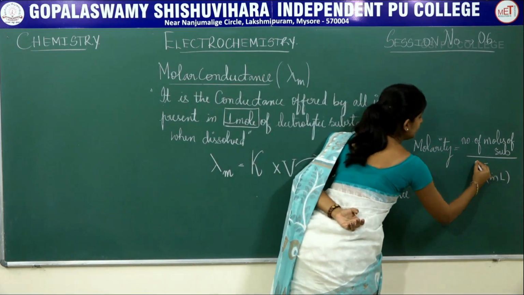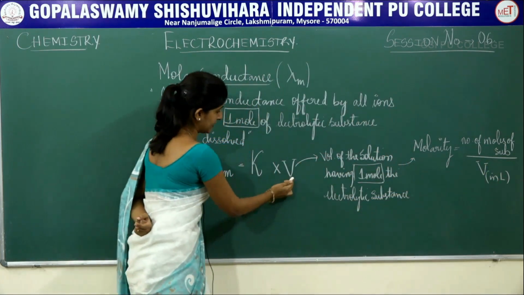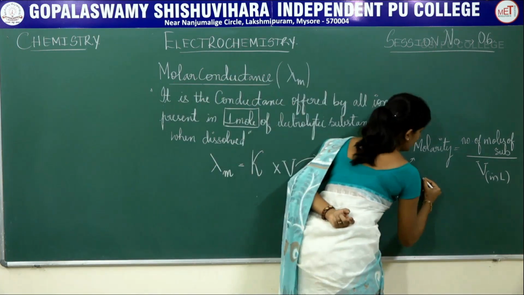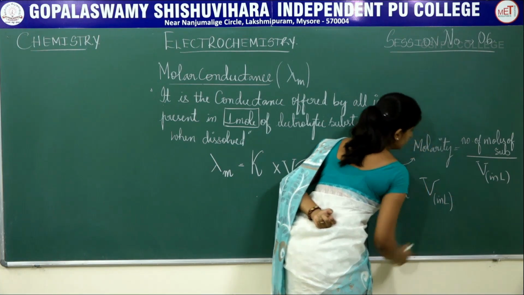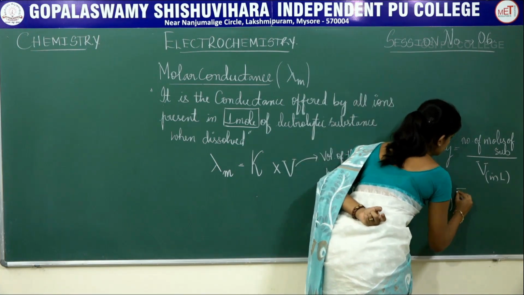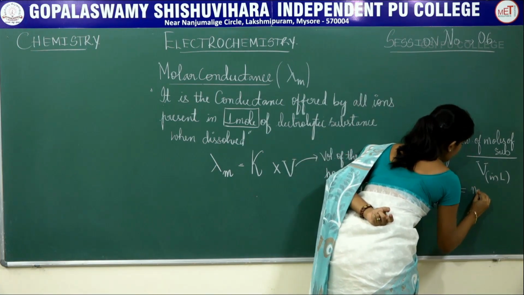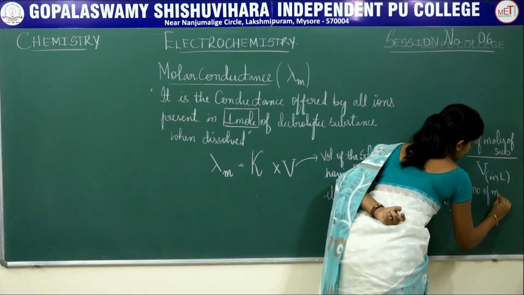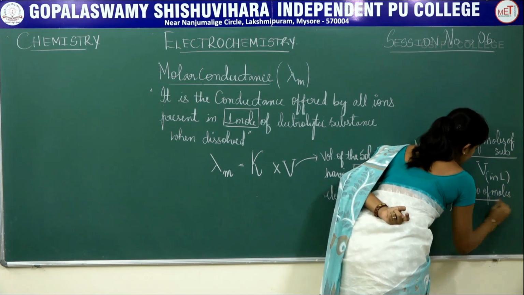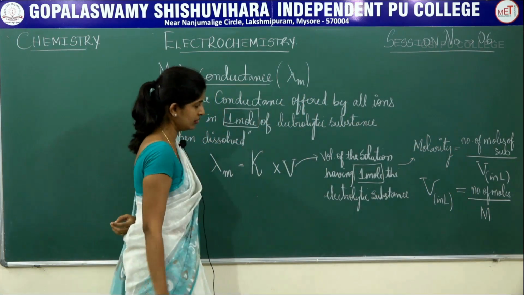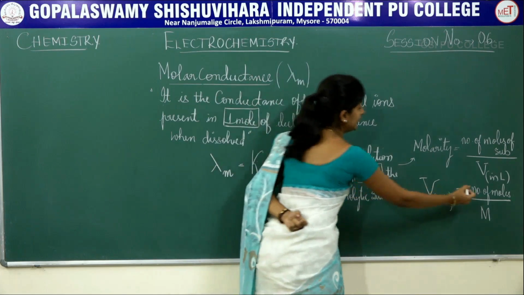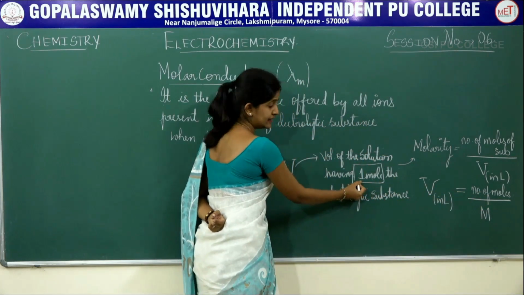So if I substitute for volume here, it becomes volume V in liters is equal to number of moles divided by molarity. We know that number of moles is 1 mole.